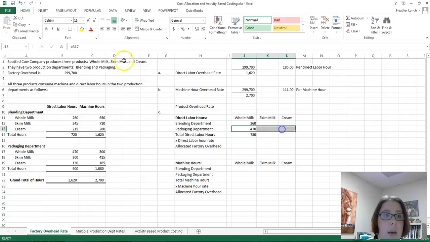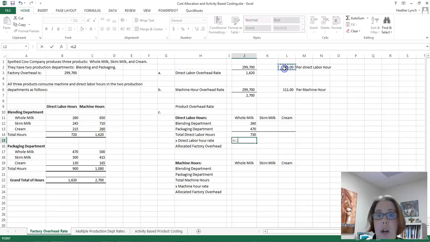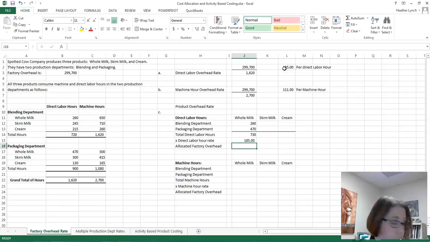I'm going to draw a line there. Now we determined our direct labor rate per hour is 185. So I can take my 730 times 185, and we'll just bring it down 2 decimal places. So I have 135,050 for whole milk.